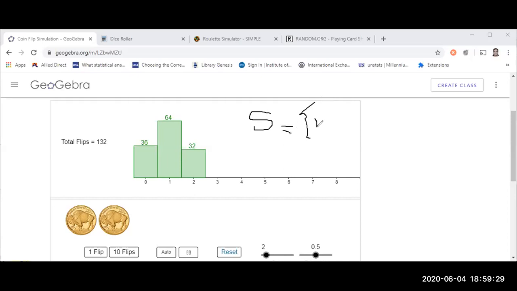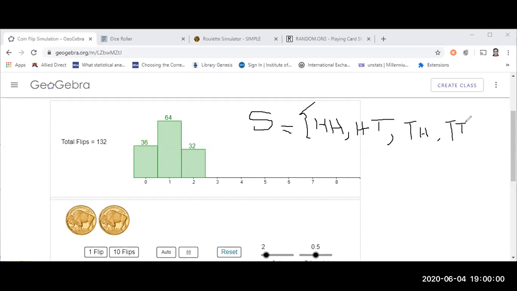I can have heads, both the coins are showing me heads. That's possible. That's scenario number 1. I can have a head tail. The first coin shows a head, the second a tail. Okay, and I can have a tail head. The first shows a tail, the second a head. Or I can have a tail scenario.